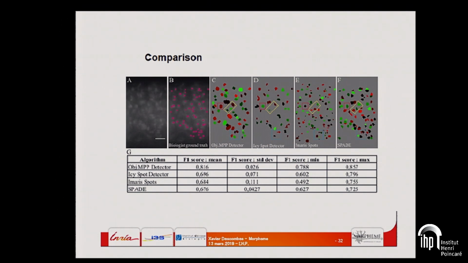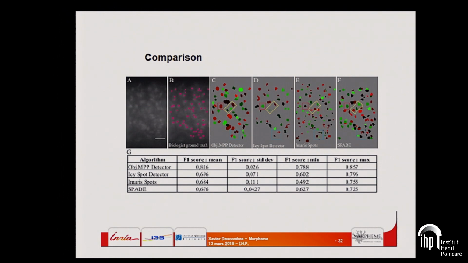When you speak to biologists, usually they use this IMARIS software, which is based basically on local maxima, and the idea is to show that if you use a more sophisticated approach, you can get a better result.